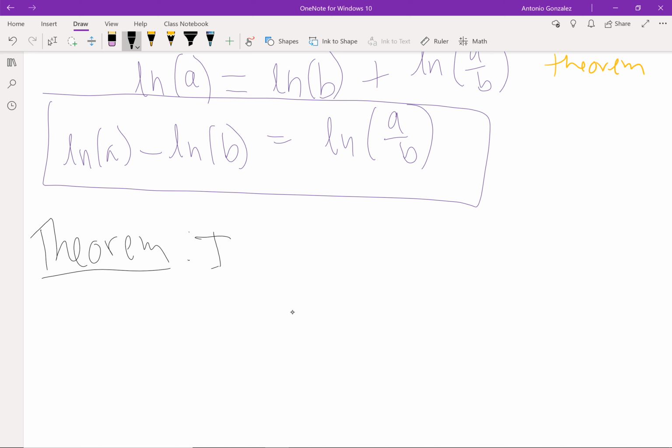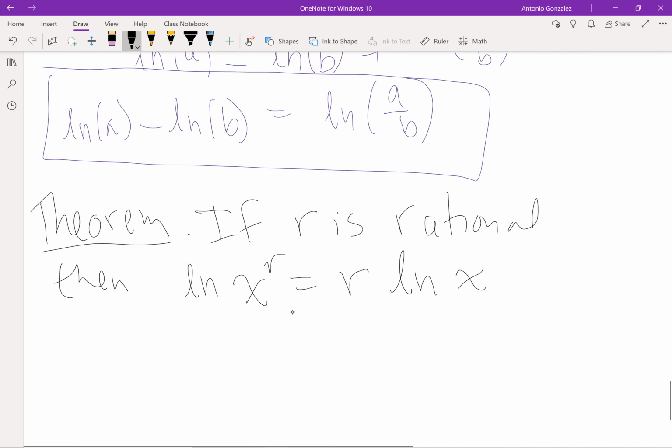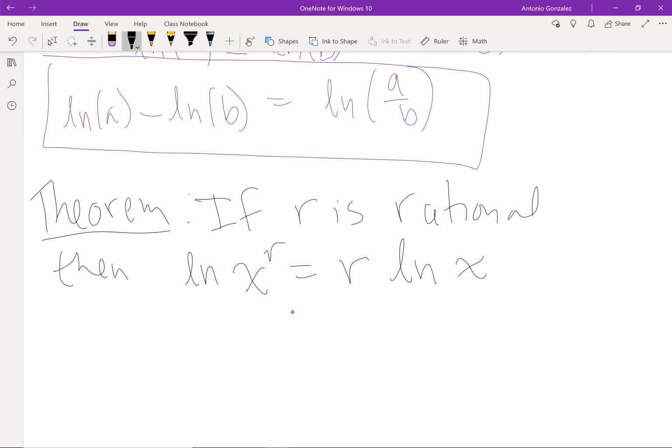If r is rational, then the natural log of x to the r is equal to r ln of x. Again, I'll state this one without proof, and we'll just use it as fact here, for the sake of time.